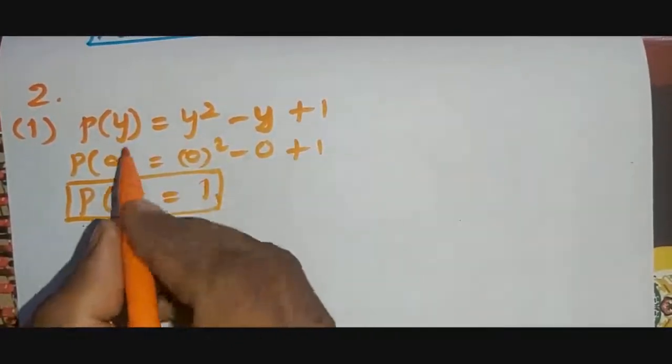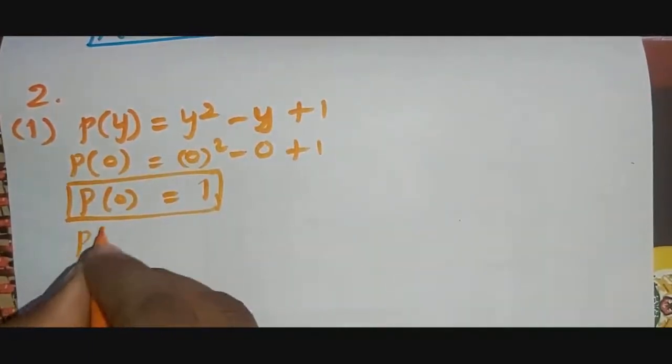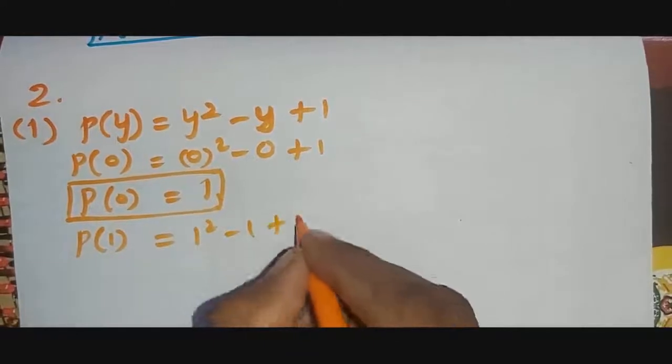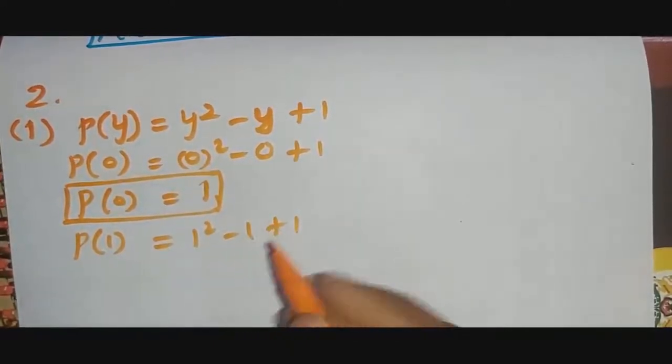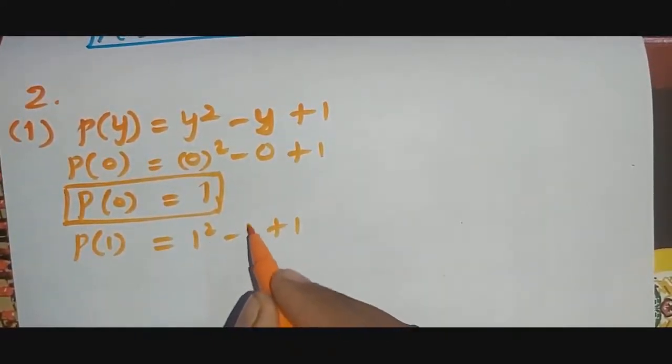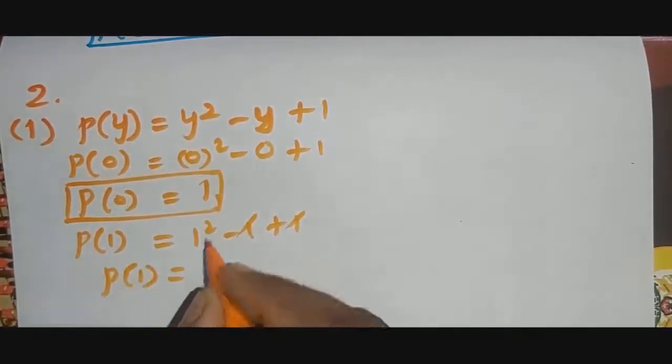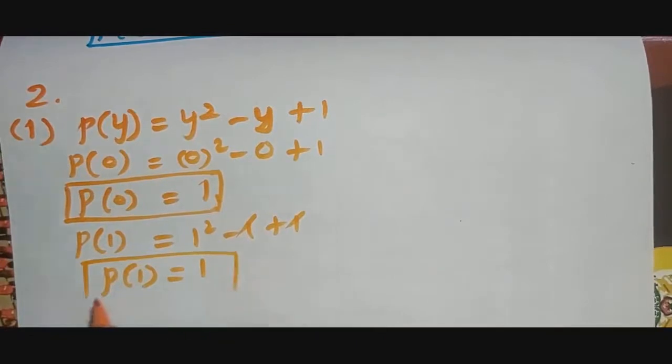Okay, now P of 1. P of 1 is equal to 1 square minus 1 plus 1, right? See, very simple. 1 minus 1 plus 1, the minus 1 and plus 1 will get cancelled. Therefore, P of 1 is equal to 1 square, which is 1 only. Next, P of 2.